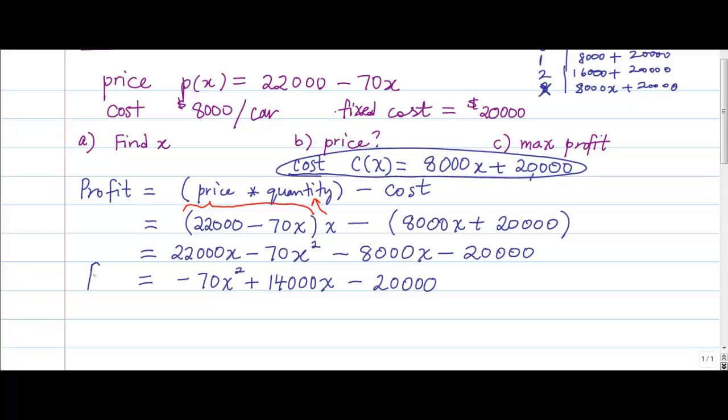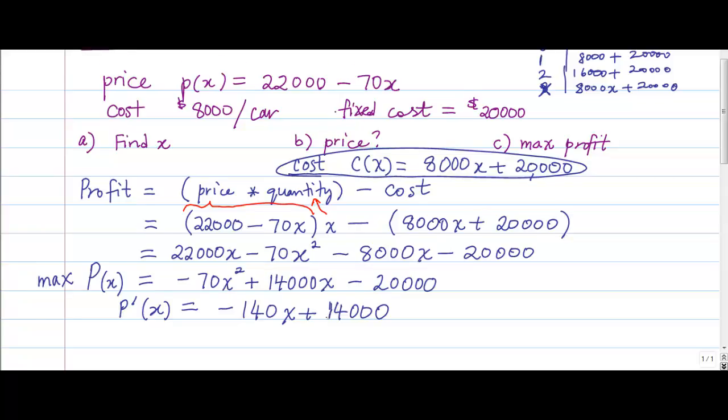Profit function is usually written as capital P of x. Okay. Now I want to maximize the profit, right? So we take the derivative and set it equal to 0. So bring the 2 out front, we get minus 140x plus 14,000.